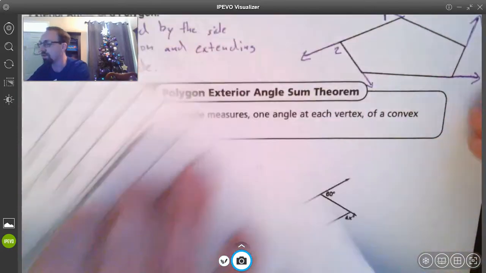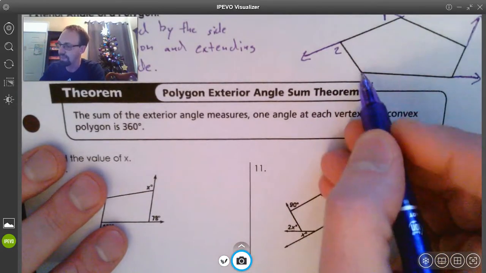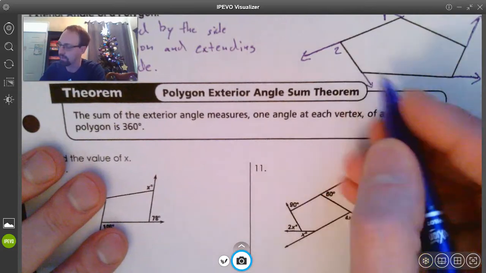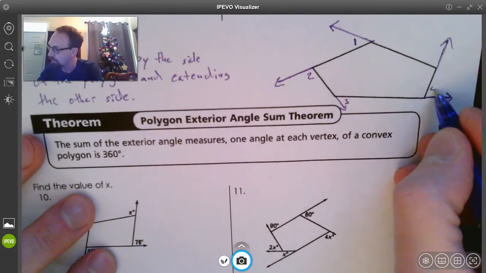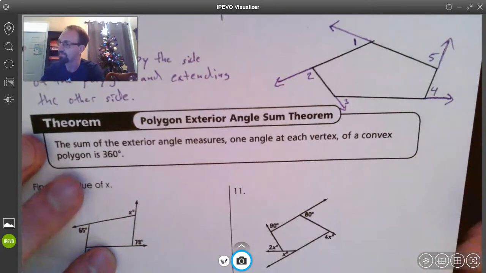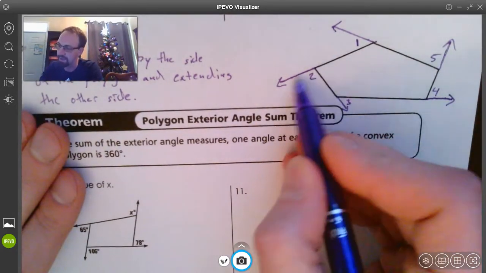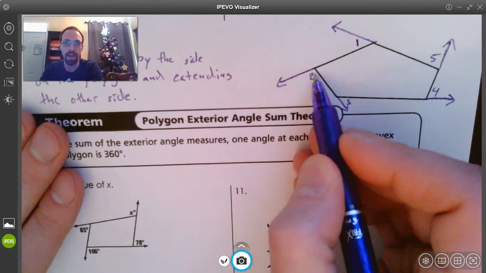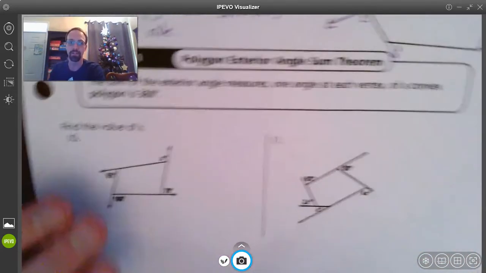So the filled out notes are actually incorrect for this. We haven't updated it. It has the wrong value here for this one. So this is 3, 4, and 5 as you go through. So again, a lot of students get confused on which one it is. This side is 180 degrees, so it wouldn't be that one, it would be this one here. And it does add up to be 360 degrees.